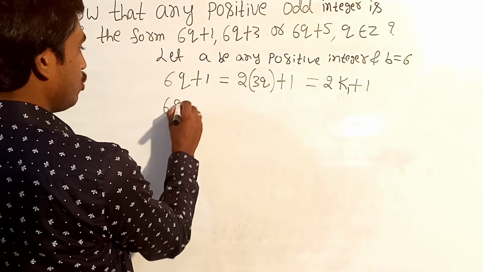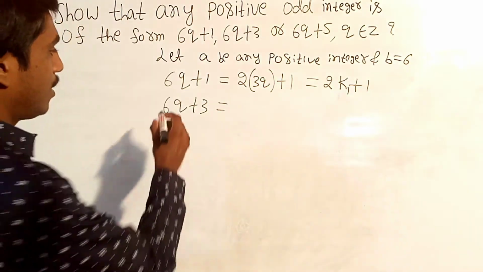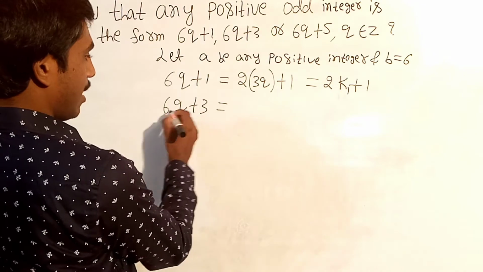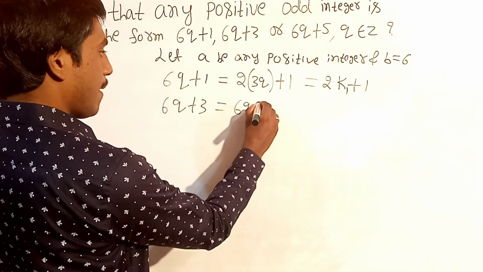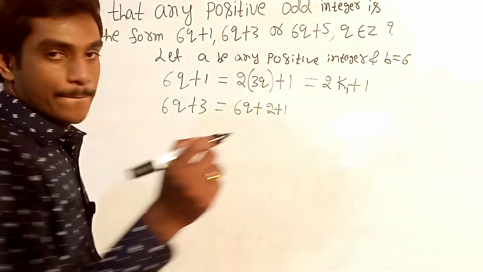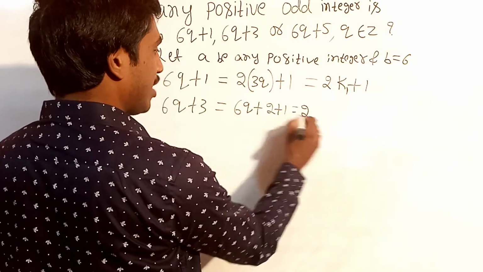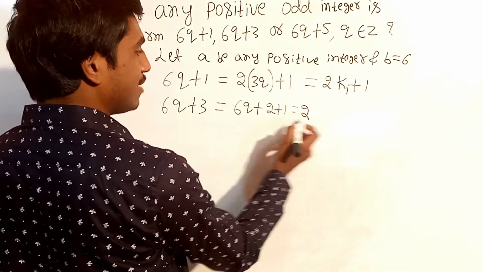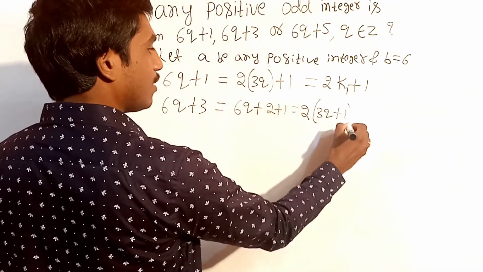And 6q plus 3. Here we can write 6q plus 3 as 6q plus 2 plus 1. Now if you take 2 common in the first two terms, we get 2 into 3q plus 1, plus 1.